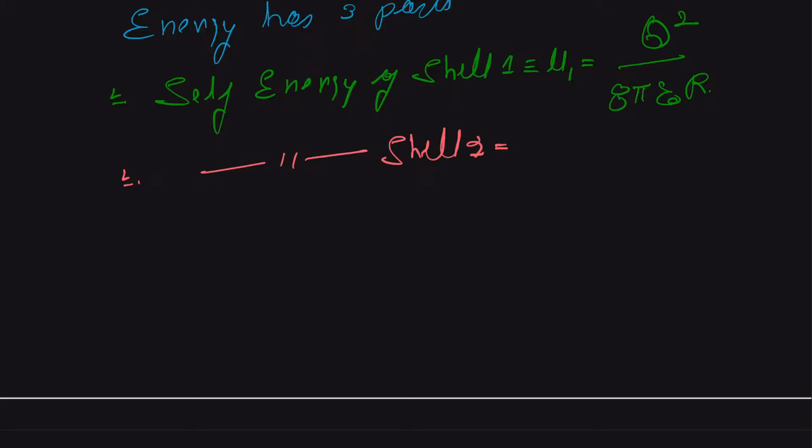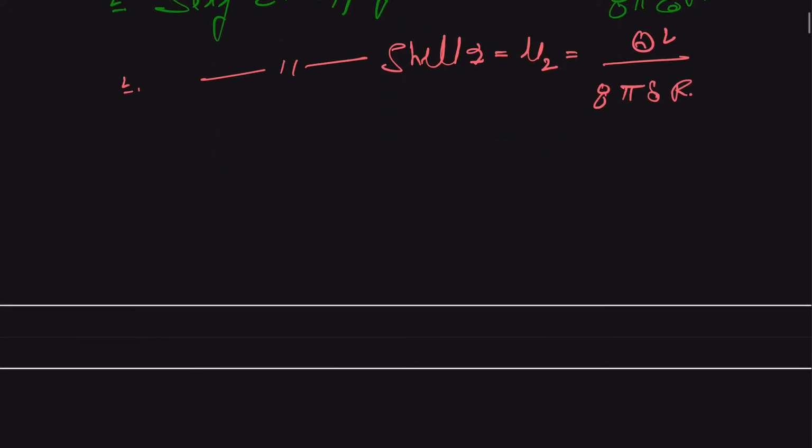Let us call this U2. Then this U2 will also be equal to Q square upon 8 pi epsilon naught times R. And third part will be our interaction energy between the charges of two different shells.